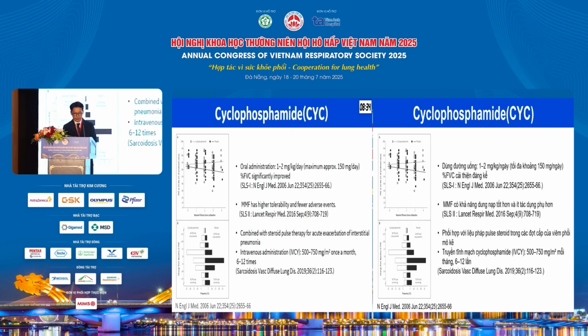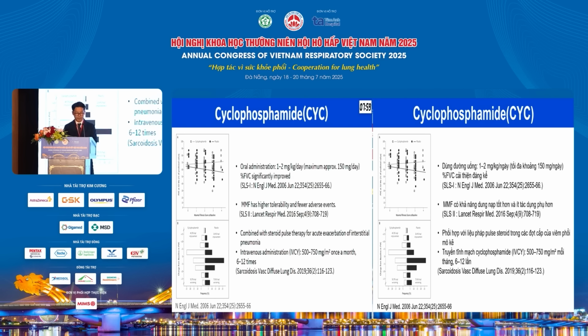And let's move to cyclophosphamide. It is mainly used for SSc, at an administration of 1 to 2 milligrams per kilogram per day. FVC was significantly improved in scleroderma studies, but MMF has higher tolerability and fewer adverse events, so oral cyclophosphamide is less used.